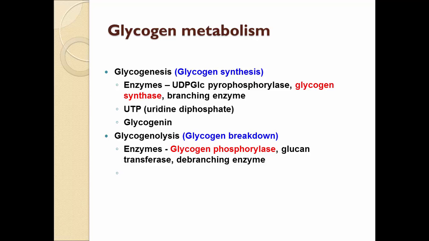And in glycogen breakdown, glycogen phosphorylase is again the key enzyme, right, for glycogen breakdown. So just try to remember these two key enzymes that are highlighted in red in two different pathways, right?